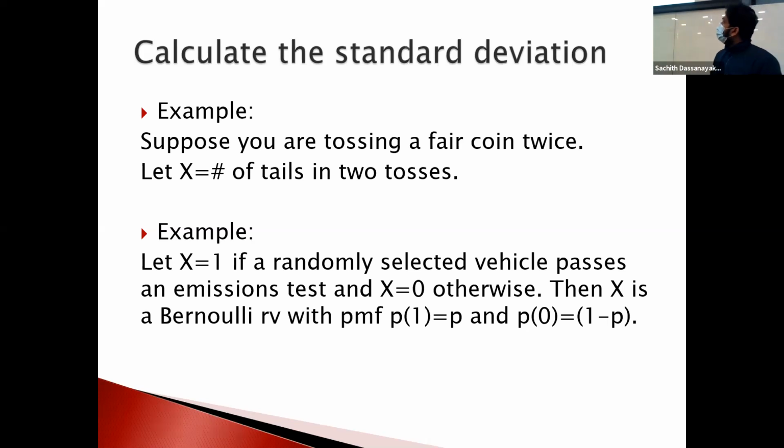Its PMF, you saw this example in previous slides. P of 1 is simply the probability of success, let's say p, and P of 0 is 1 minus P of 1, which means 1 minus p.